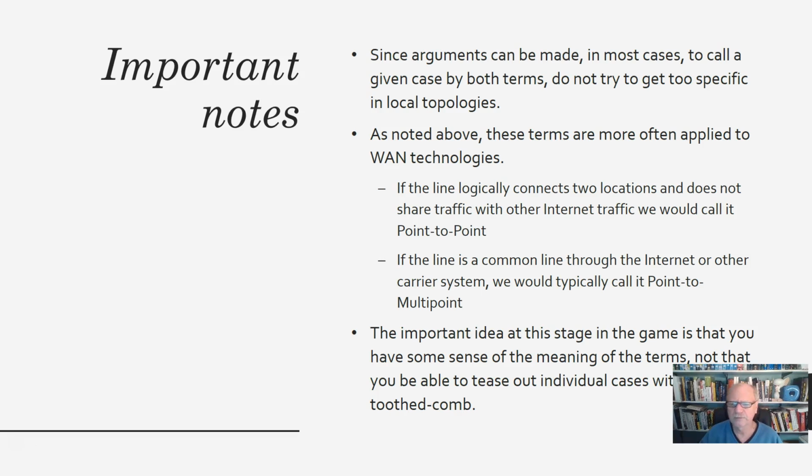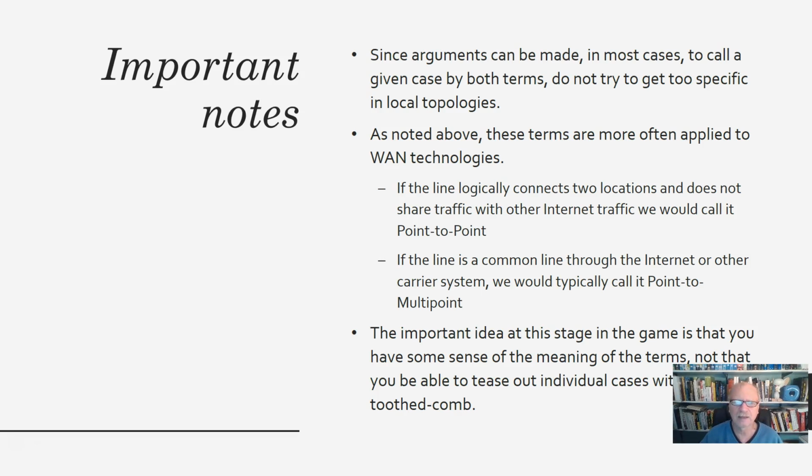I've just put together a few notes here that you may want to notice. You could make arguments in most devices, most connections, to say, well, this is really point-to-multipoint, or this is really point-to-point. For example, in the case of the switch, I said the communication line between the switch and the PC is kind of a point-to-point, but what about when broadcast traffic comes along?